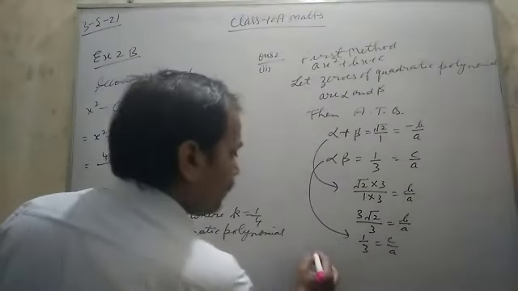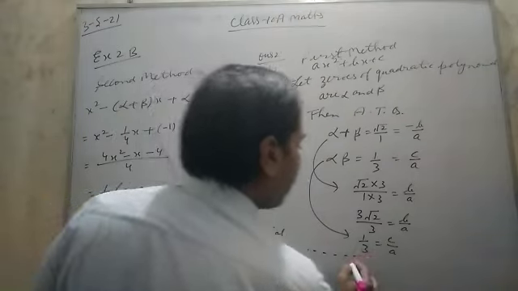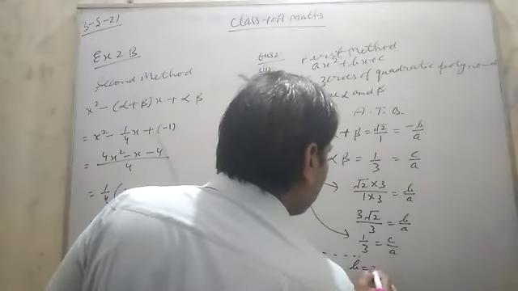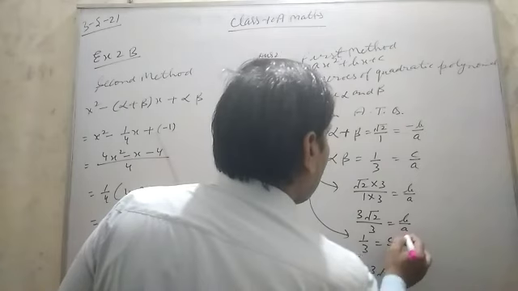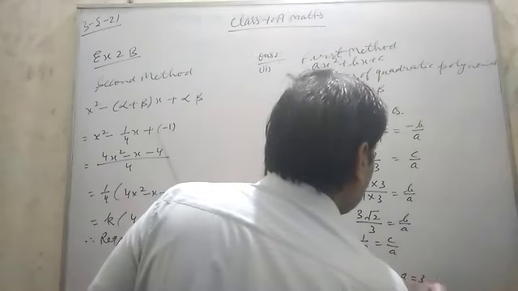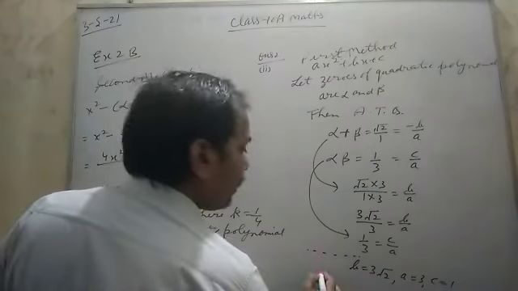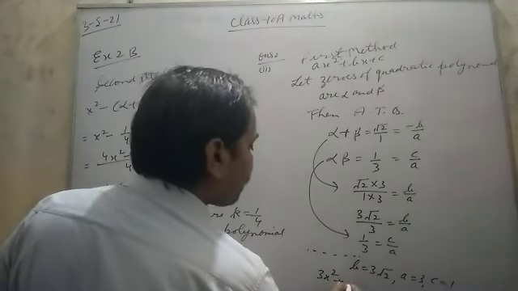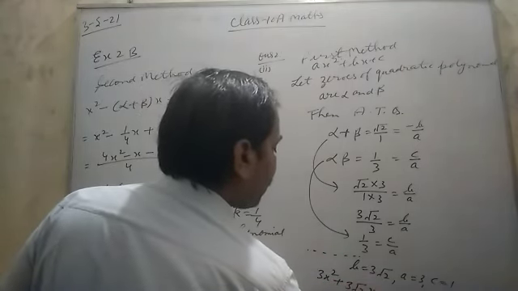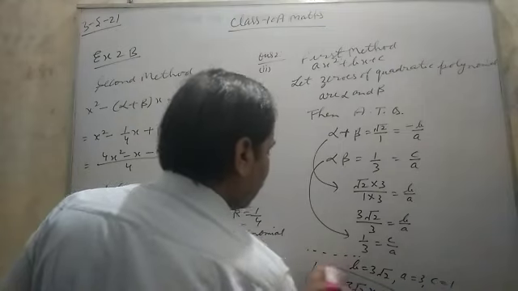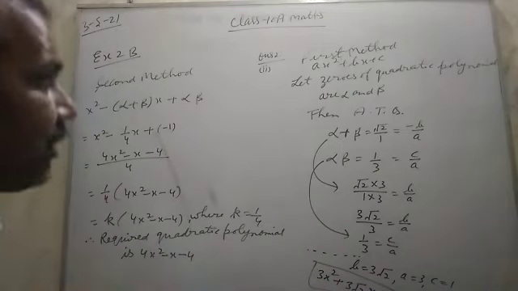So after comparing, what we will get? b is equal to 3 under root 2, a is equal to 3 and c is equal to 1. The required quadratic polynomial means 3x square plus 3 under root 2 x plus 1. This will be the answer. Okay.